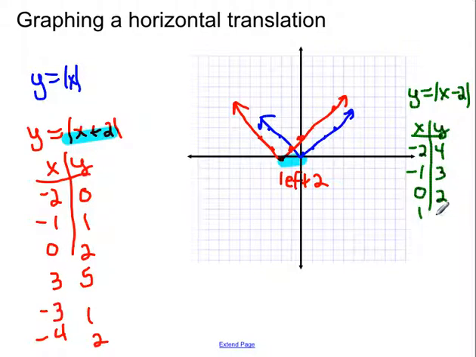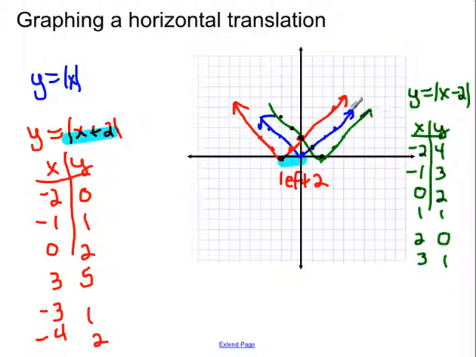If I plug in a 1, it's going to give me a 1. If I plug in 2, it's going to give me 0. So if I plot those points, negative 2 up 4, negative 1 up 3, 0 up 2, 1, 1, 2, 0. So I might want to see what's going on at 3. So 3 minus 2 is 1. So 3 up 1.